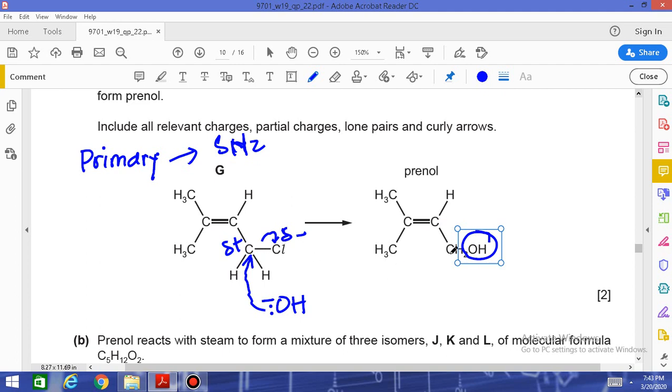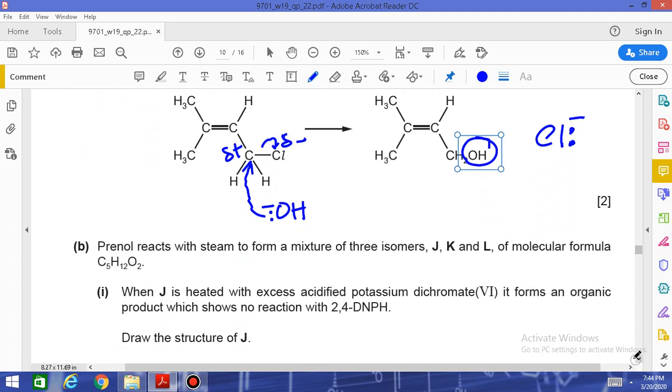Okay. Next, chlorine leaves as halide ion and chlorine is replaced by OH. Okay, the alcohol is produced.